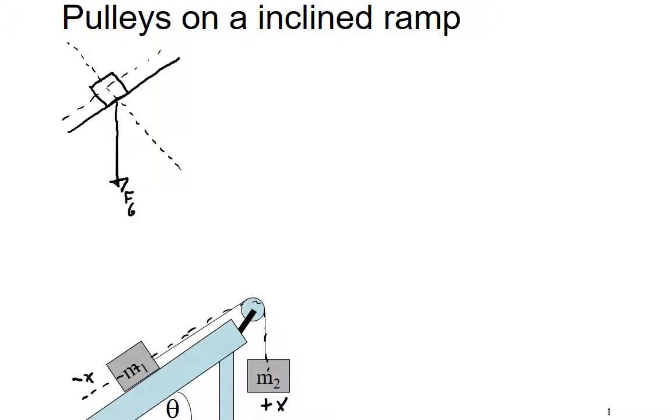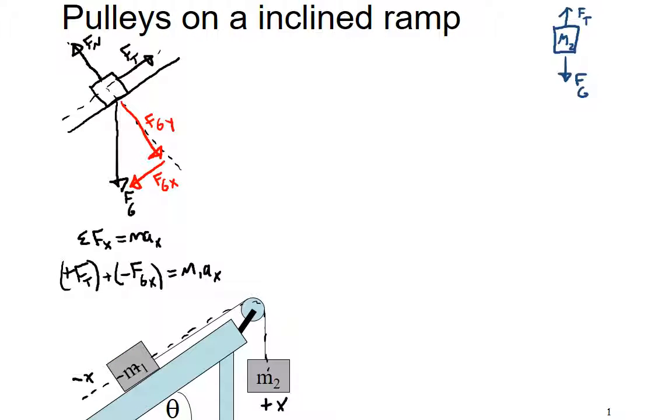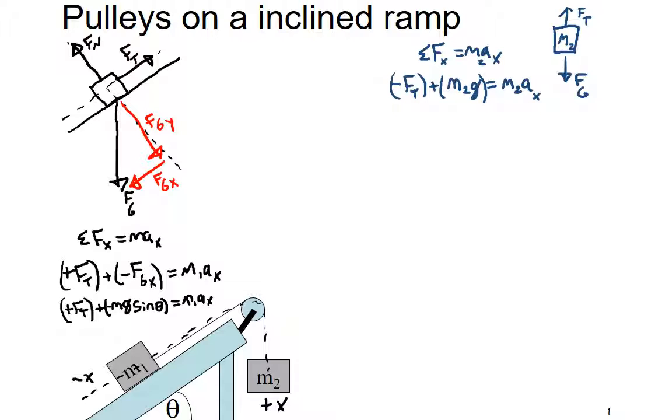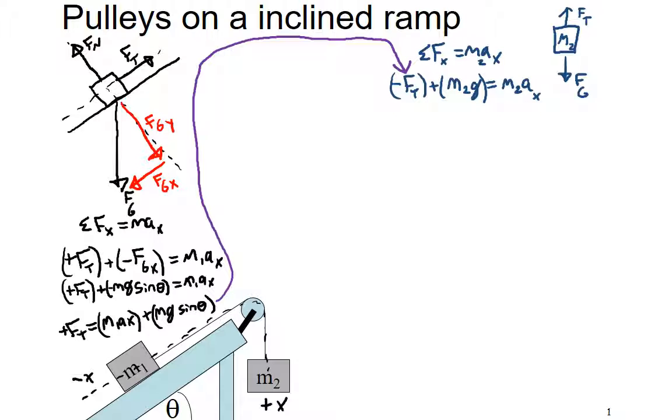Okay, so we should get positive force of tension plus the negative force of gravity in the x equals m1a. And over here, negative force of tension plus the positive m2g, which is force of gravity, equals m2a in the x. We substitute in, and we should get negative m1a minus m1g sine theta plus m2g equals m2a.